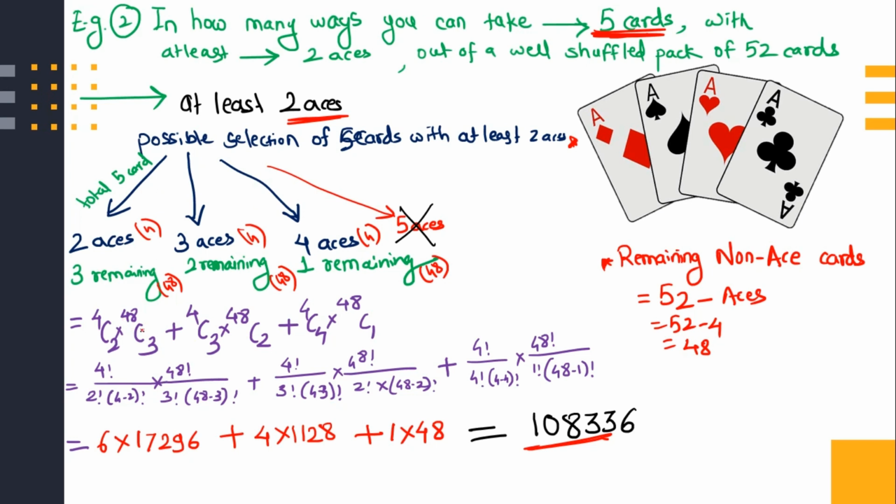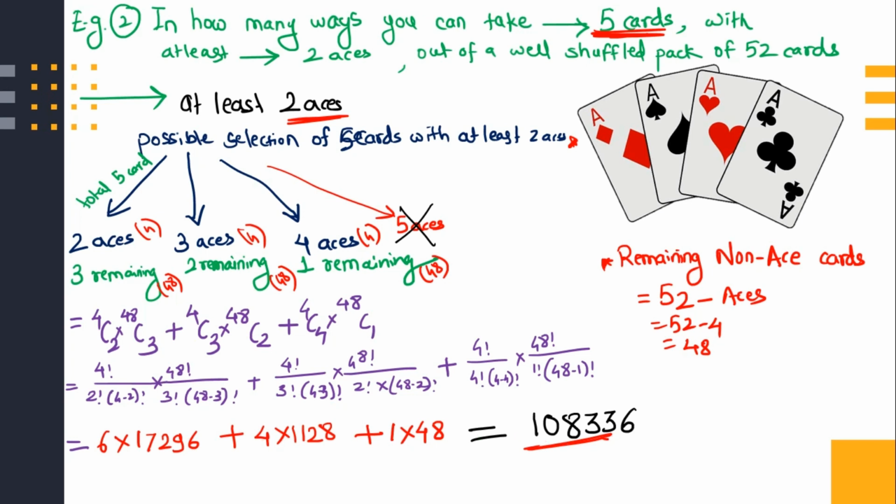So if we perform this, the aces will be selected from 4 aces, 4C2 into, now the 3 remaining cards will be selected from the total 48 remaining cards. So that will be 48C3, means from 48 total remaining cards which are not aces, we are selecting 3 cards. In the same way, if we perform this, we'll get the final answer, that is 108336.